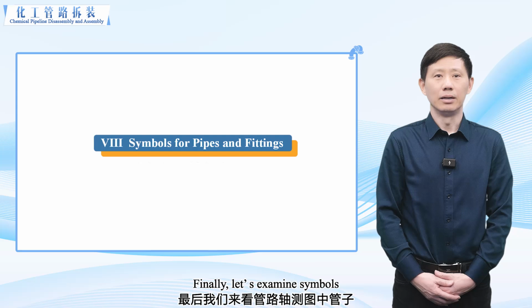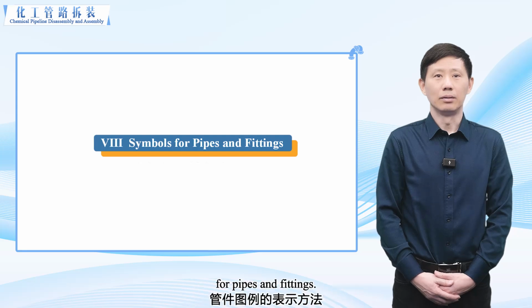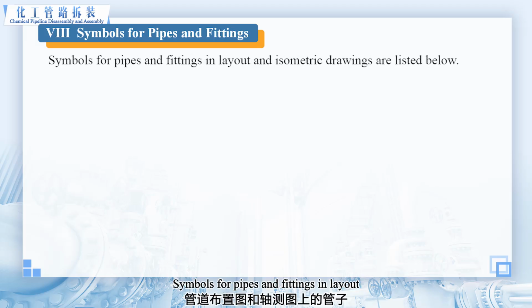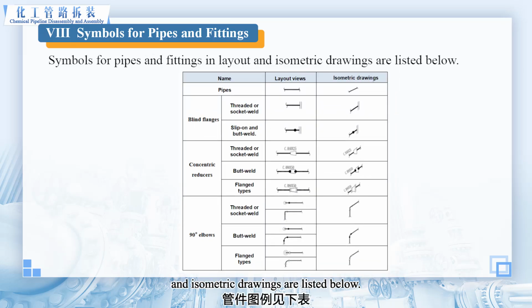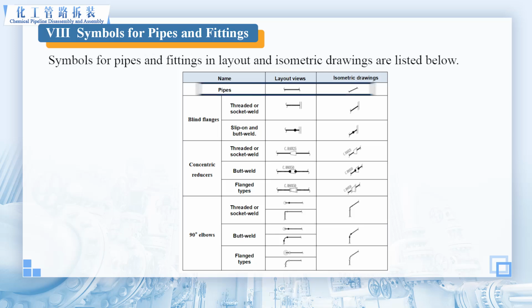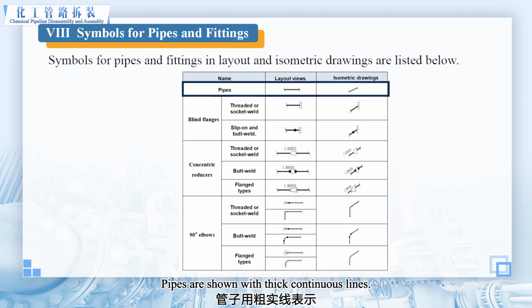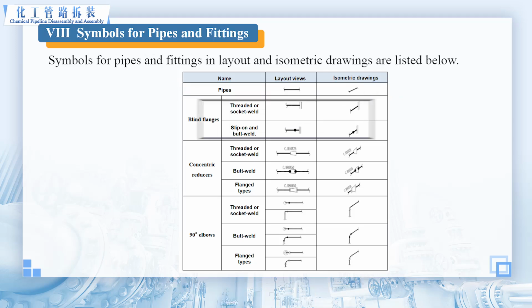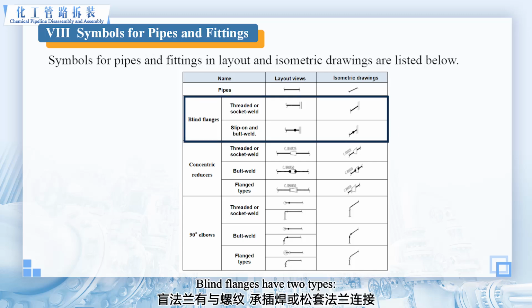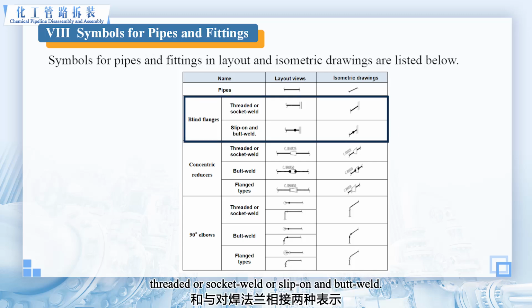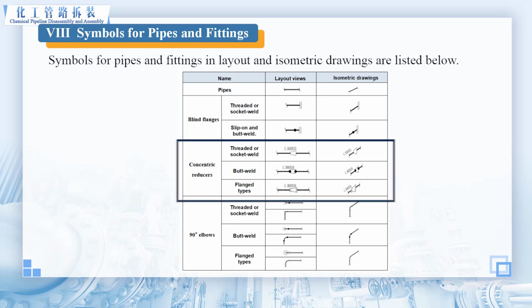Finally, let's examine symbols for pipes and fittings. Symbols for pipes and fittings in layout and isometric drawings are listed below. Pipes are shown with thick, continuous lines. Blind flanges have two types: threaded or socket weld, or slip-on and butt weld.